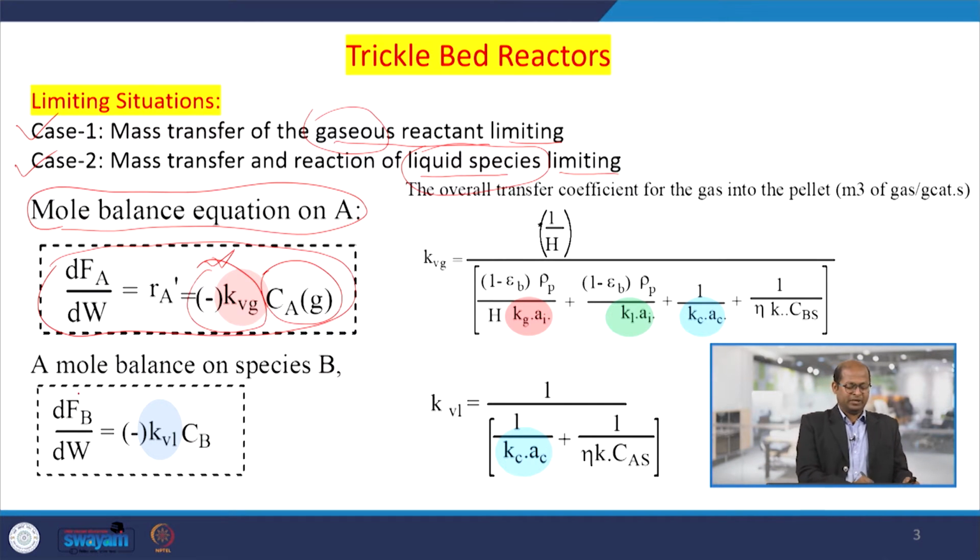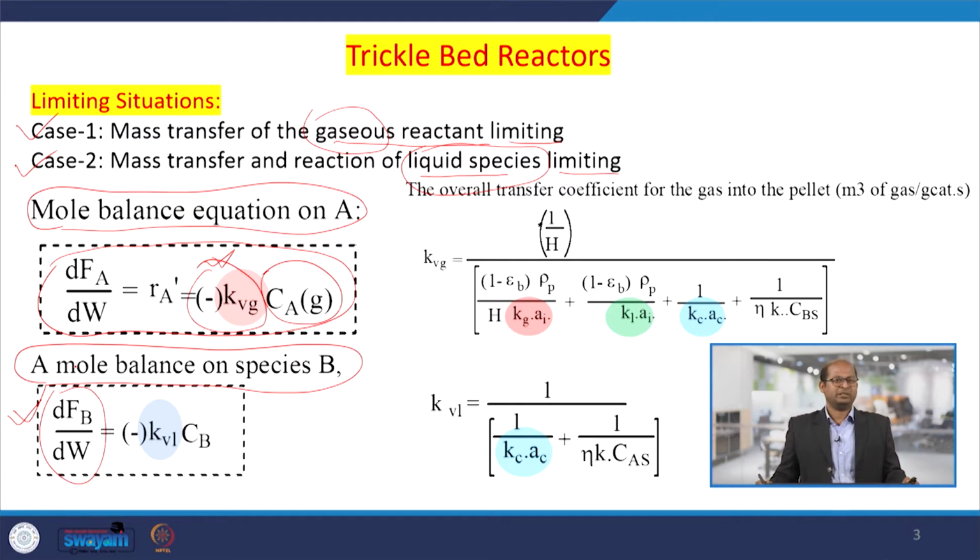Similarly, for component B, the liquid, the mole balance or design equation is dFB by dW equals minus KVL into CBL, where KVL is the mass transfer coefficient for the liquid, and KVG is the overall mass transfer coefficient for the gas.